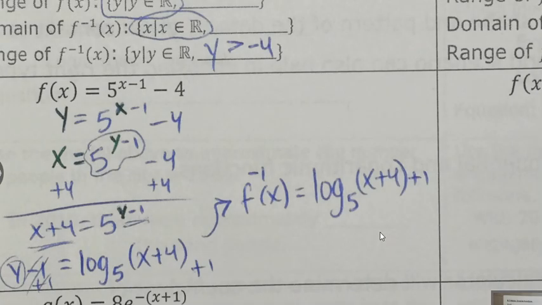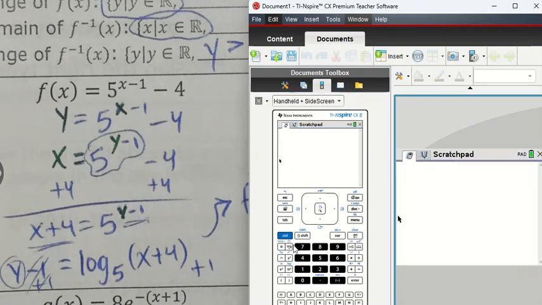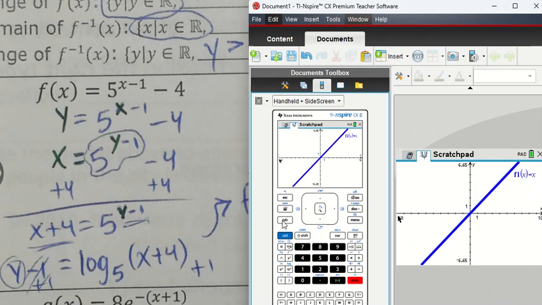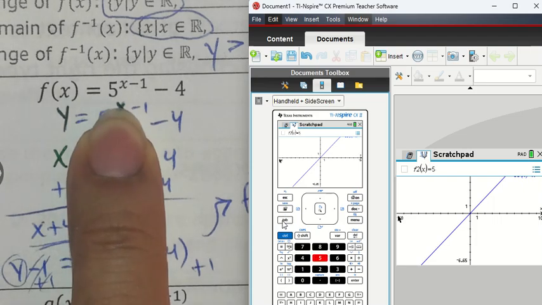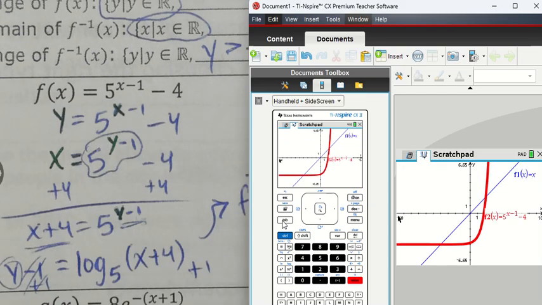And we can always graph this to check that they are reflecting across that line. So I'm going to clear it. I'm going to graph first y equals x, just so we can have that reflection line. And then I'm going to graph the original one, which is 5 to the power of x minus 1 minus 4.